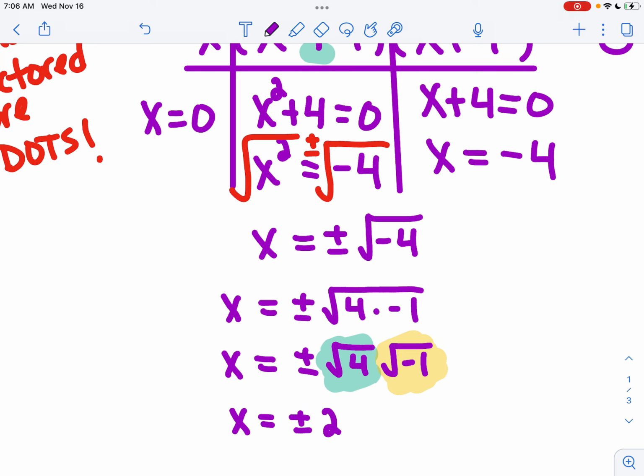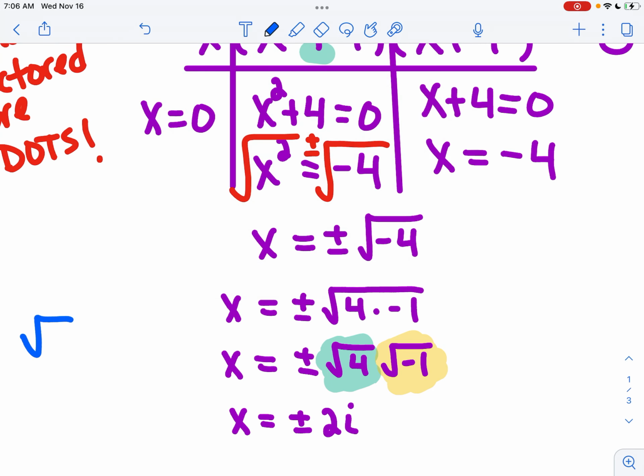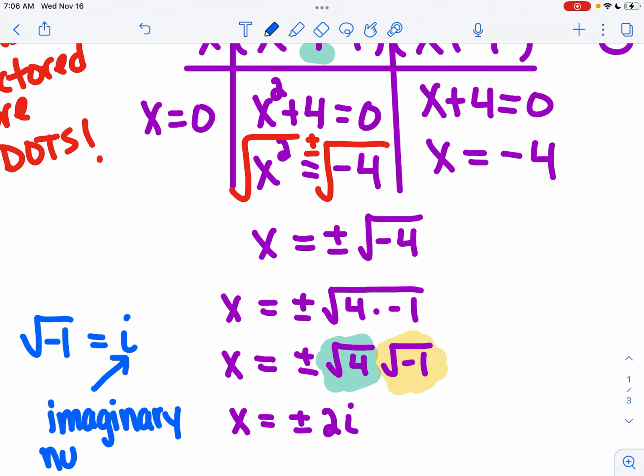So all you need to know for today's lesson is that the square root of negative 1 is equal to a number we're now going to call i. And you might want to write that in your notes. The square root of negative 1 is equal to i, and i is an imaginary number.